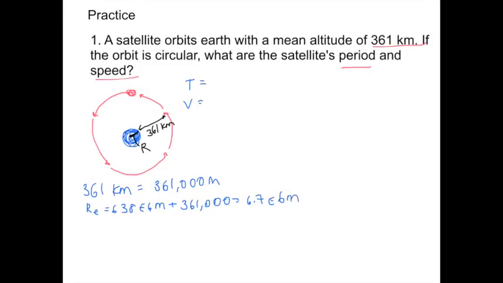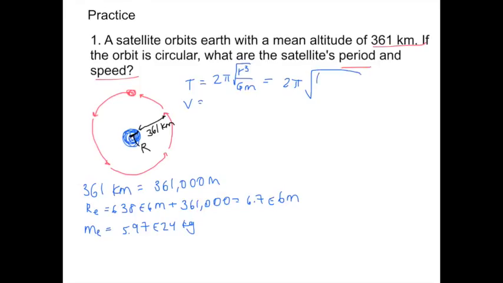We also will need the mass of the Earth, which we know is approximately 5.97 times 10 to the 24th kilograms. Now we're ready to solve. So we learned on the previous slide that the equation for the period of an object that's orbiting a planet is 2 pi root r cubed divided by G times M. If we plug in all the numbers that we have, we get that this is 2 pi root.